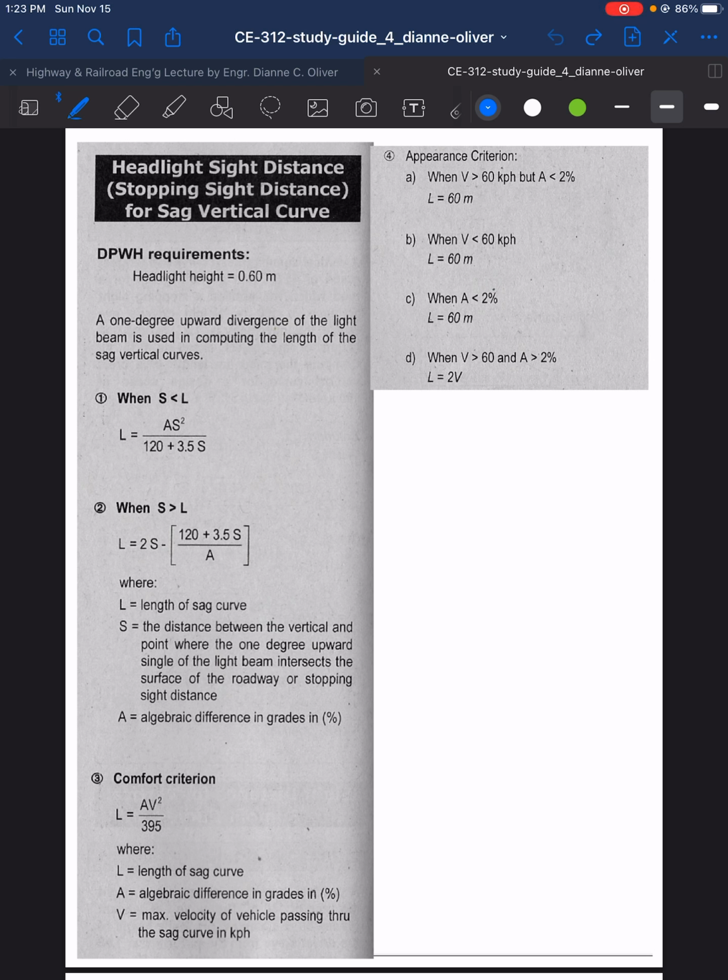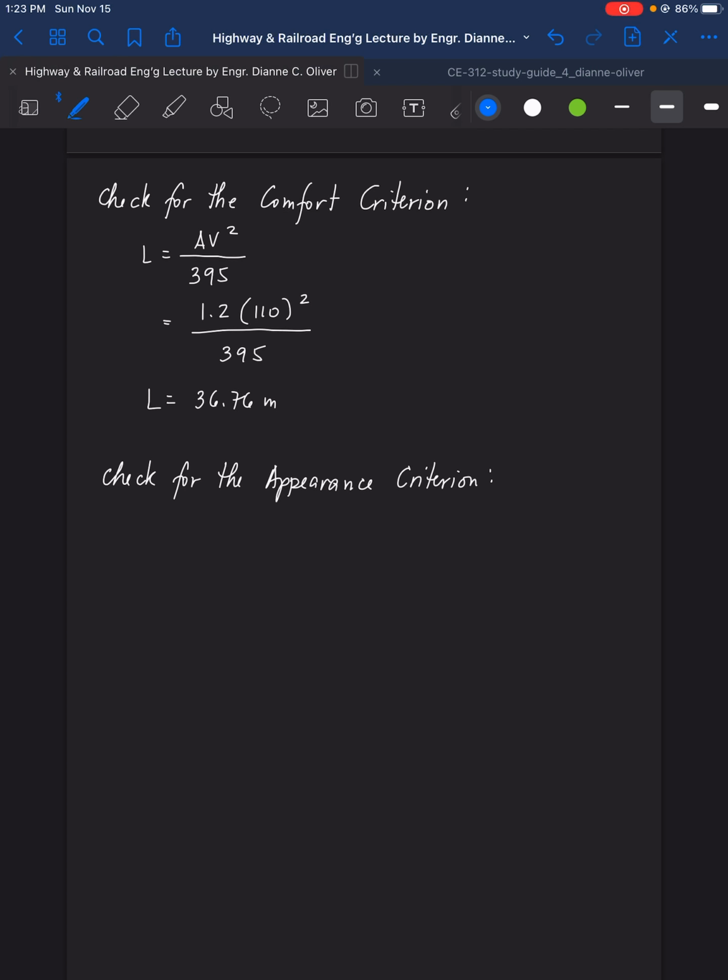So for instance, letter A. For letter A, it says there V is greater than 60. Anyway, what is our V? Our V is 110 kph.